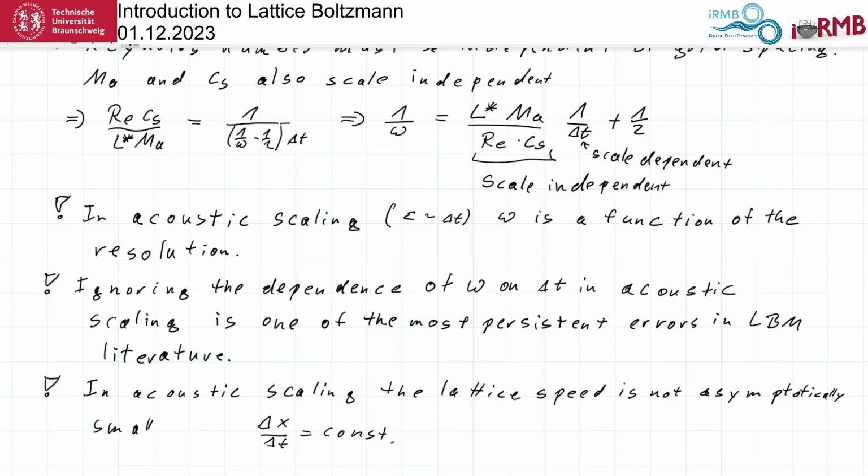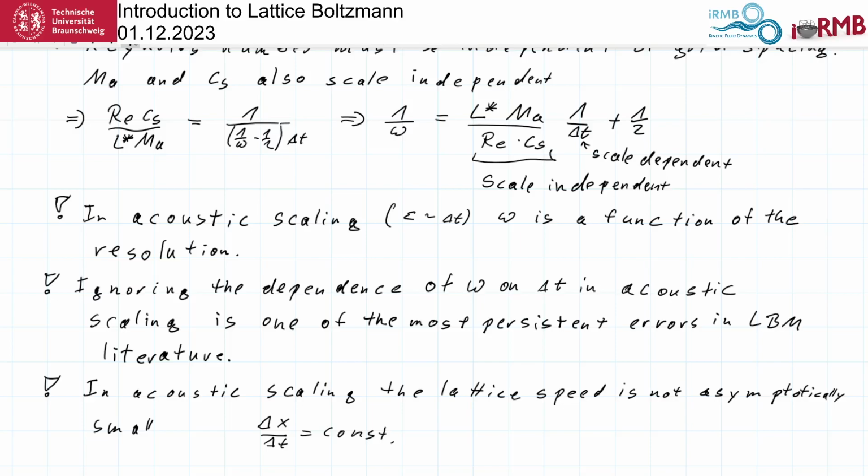Okay, what does it mean? That means if you have an error in velocity, as you may remember, for example, when we derived the aliasing of the third order moment, M30, we saw that we are missing there a term u to the power of 3.